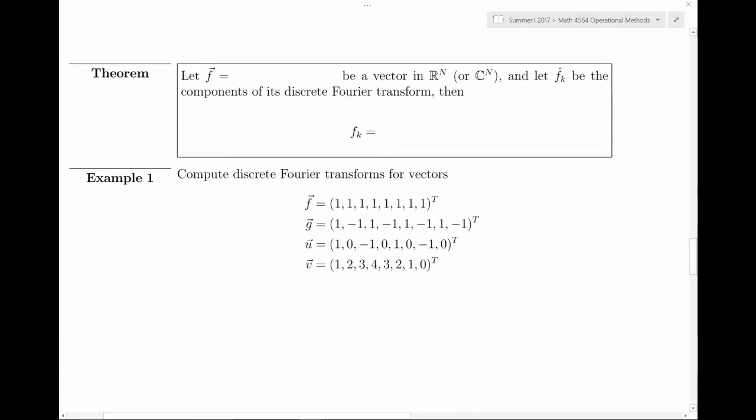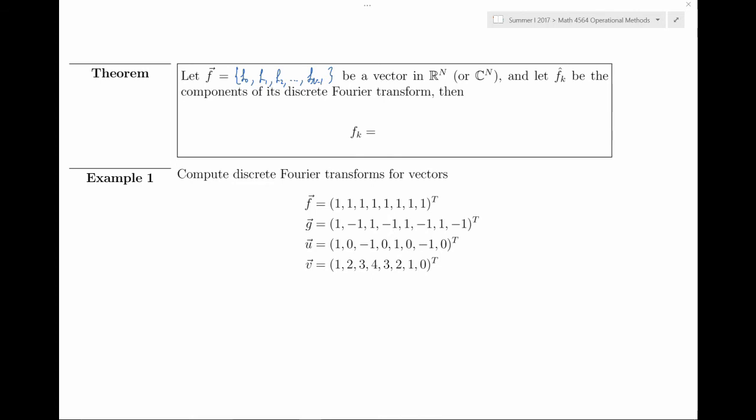So we can say, if I have a vector of samples and I computed its discrete Fourier transform, then knowing the discrete Fourier transform, I can recreate my original vector by just adding up the coefficients times the vectors.